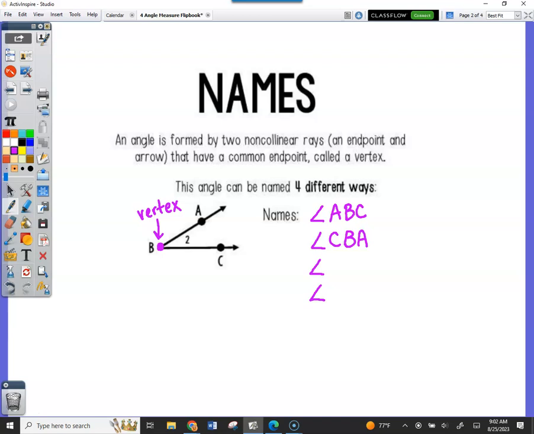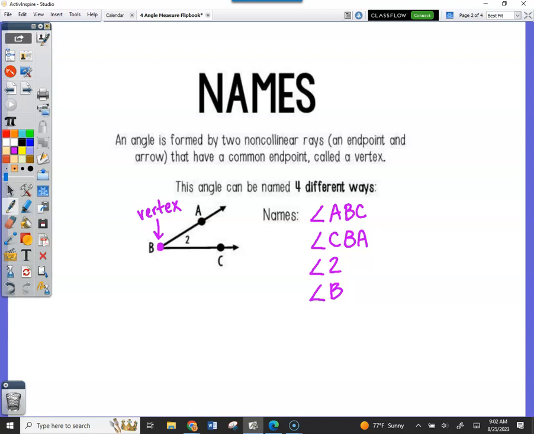What's another possible name? You can call it angle 2 because of the floating 2. And another. Remember? Angle B. So you can name it by 3 points, reverse or forward. You can name it by a floating number, or you can name it by just the vertex itself, if there's only 2 rays coming out of it.